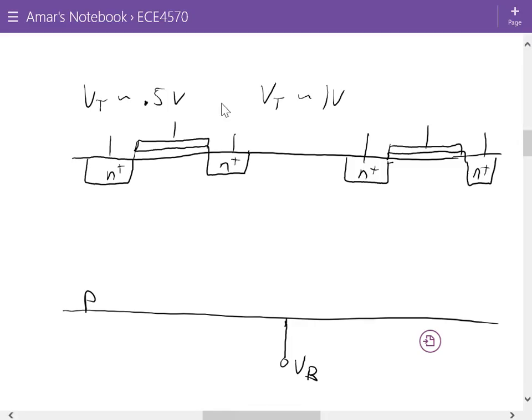If the threshold voltages we measured initially, with VB set at 0, came out to 0.5 volts, and we actually wanted our devices to have a threshold voltage of 1 volt, all we'd have to do is, instead of putting the substrate at ground as is normally done, put it at a negative potential, and this would increase the threshold voltages of all the transistors on the device.